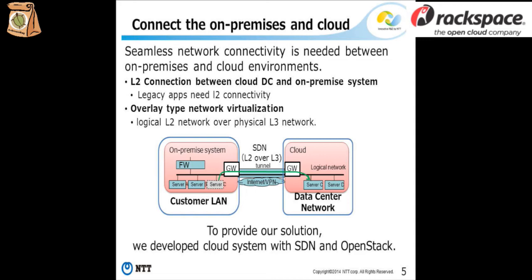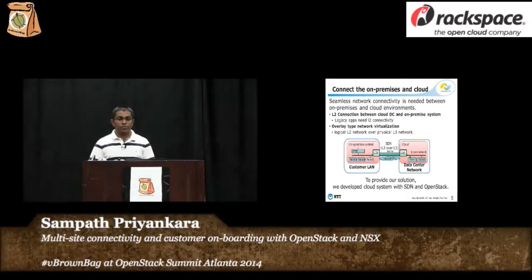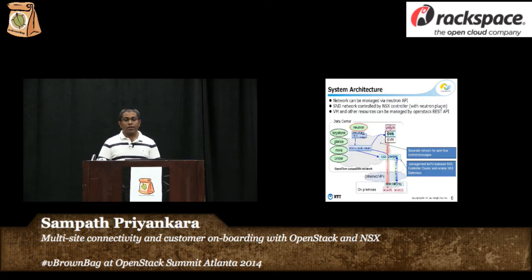So what we did is create an L2 connection between the two systems, the level 3 data center and the on-premise system, or the level 3 network. It's an overlay type network virtualization. We put two gateways on both sides, and we also use OpenStack to connect the whole system. This is the basic idea of what we've been trying to implement.